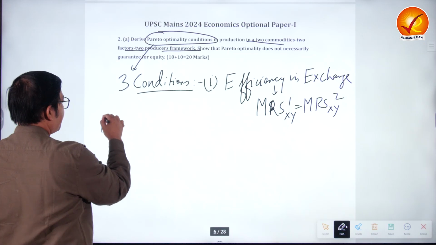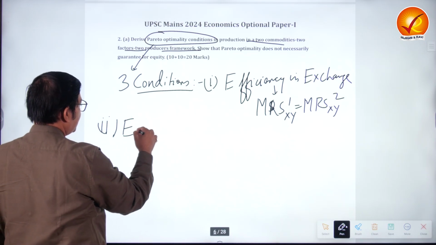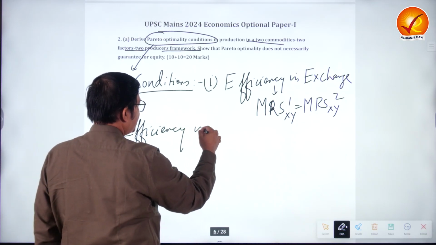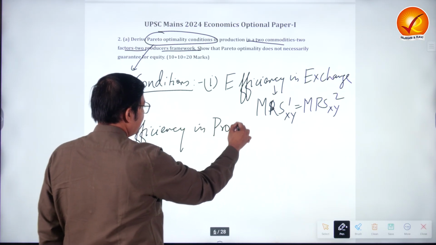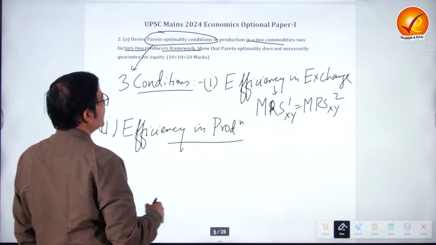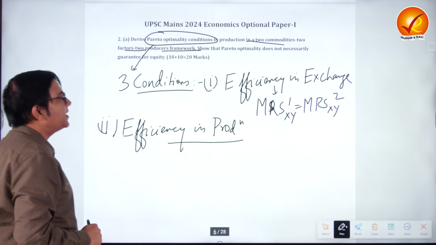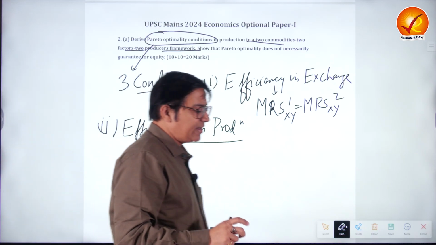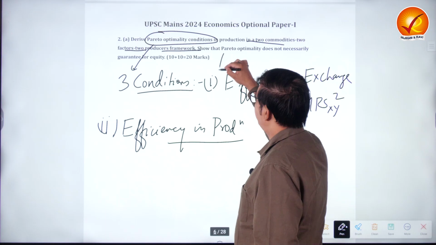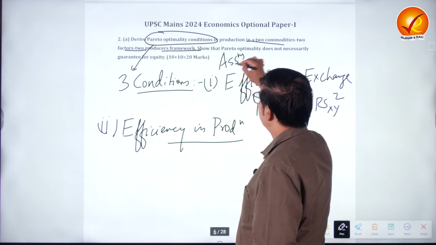Then we have efficiency in production. Production as in using the factors of production. There are 2 factors of production. You can do one more thing before writing these 3 conditions. Since it's a 20 marks question, you can begin with brief assumptions also.